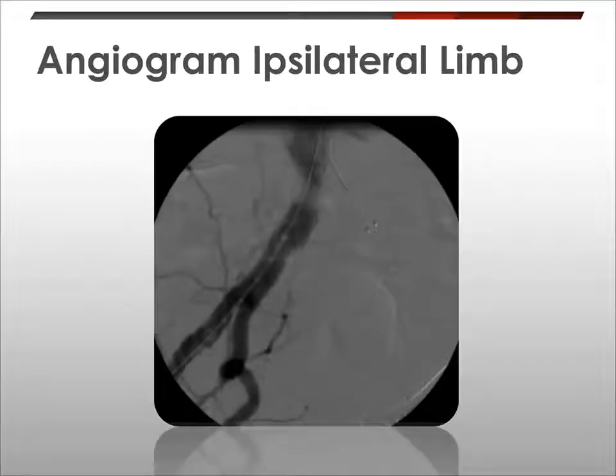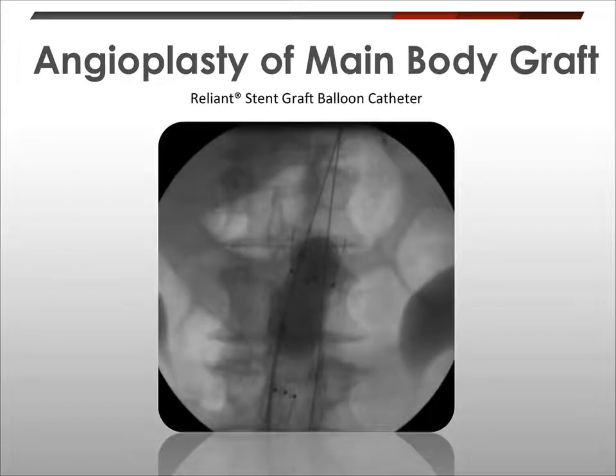This next slide shows the angiogram, which confirms where the takeoff is, but I usually don't do this if I'm trying to minimize dye. I go based simply on the intravascular ultrasound. I then use the Reliant balloon to balloon both the iliac limbs and the main body of the device.